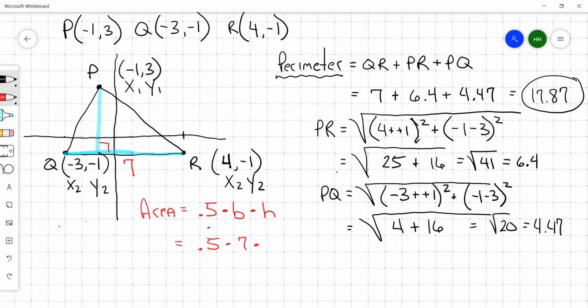You don't need the distance formula because it's a vertical line. So we got 1, 2, 3, 4 units right there. So we got 0.5 times 7 times 4 as the height, and that's 14. So there's your area.